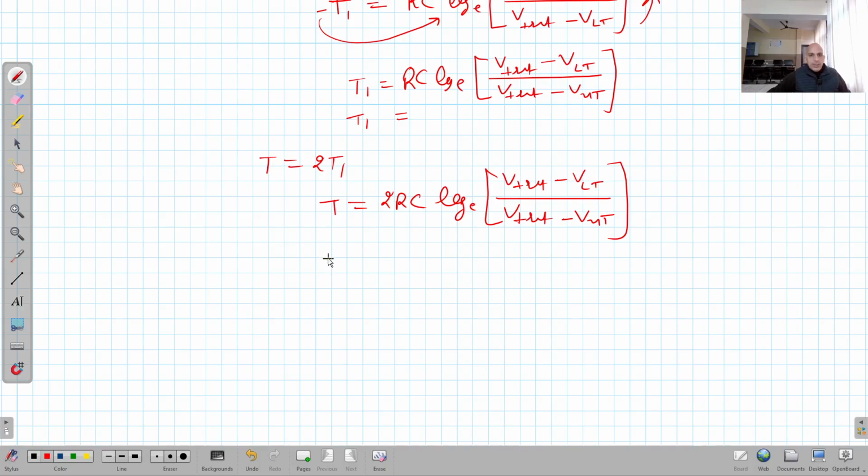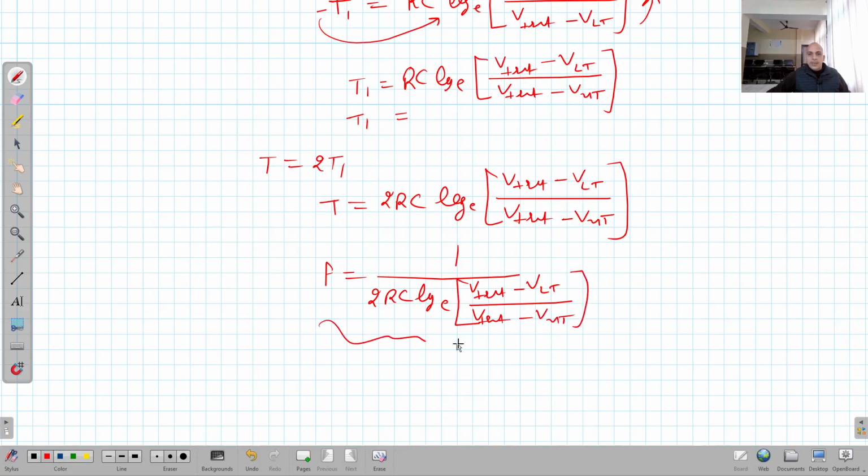So what is the frequency? 1 upon the time period, 1 upon 2RC log of V plus saturation minus V lower threshold divided by V plus saturation minus V upper threshold.